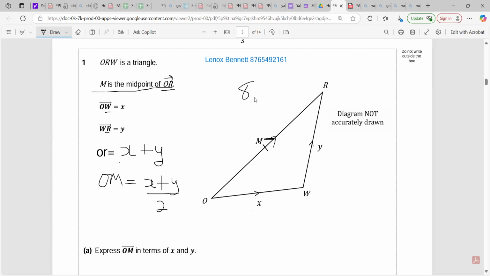What would be the length of OM? 4. So it's the same thing. Not because of algebra, we divide by 2 because we divide the 8 by 2 to get 4. So this whole part would be X plus Y, and this part half of X plus Y, and this part half of X plus Y.